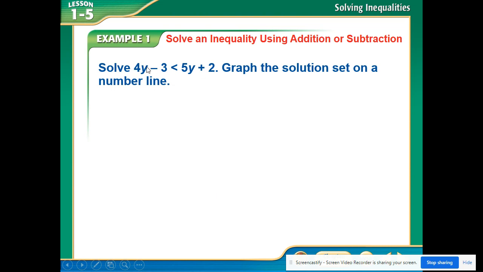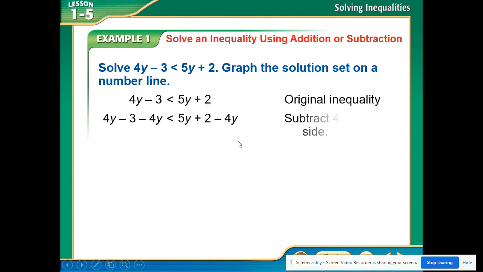Now, what if we have a bunch of steps with variables on both sides? We can move it to either side, and we should be able to solve this correctly no matter which side we go to. But we like positive, so we're probably going to just take the 4y and move it underneath the 5y. But you could do it either direction, and you'll get the same answer. So minus the 4y, so that just gives us 1y.